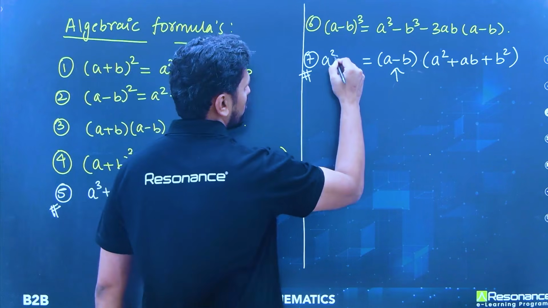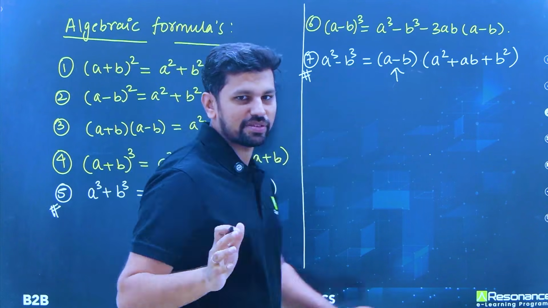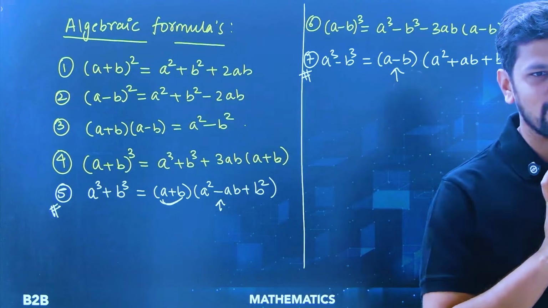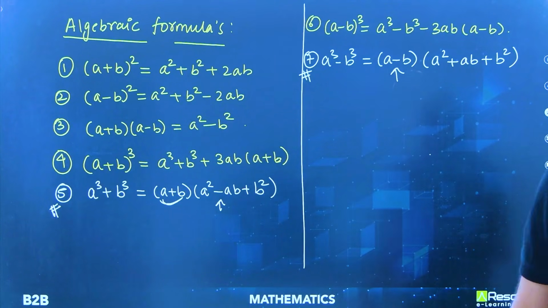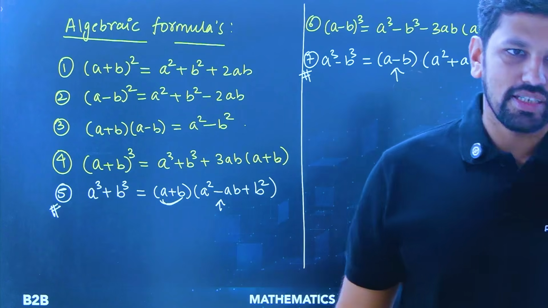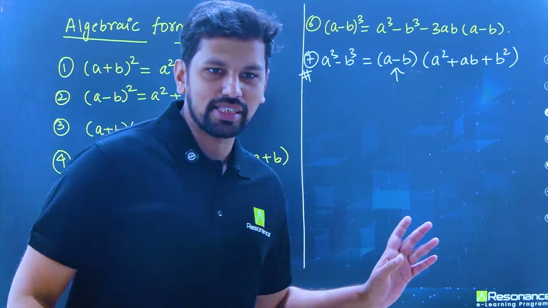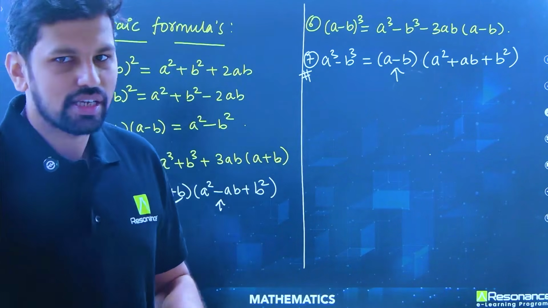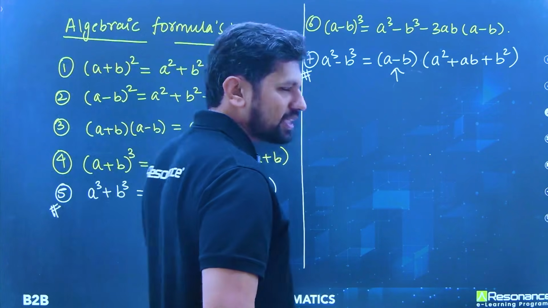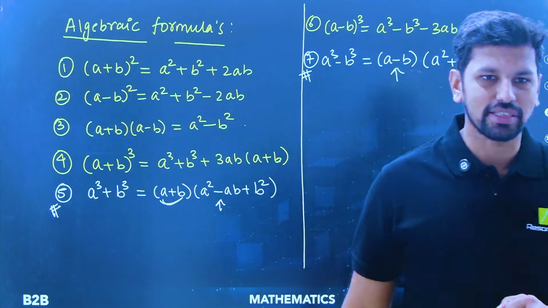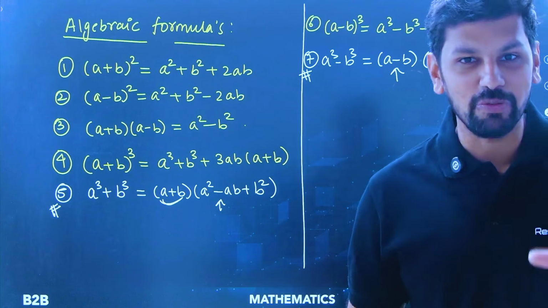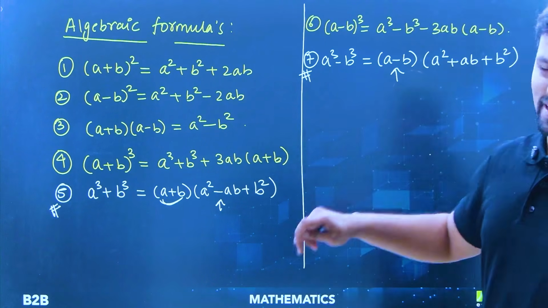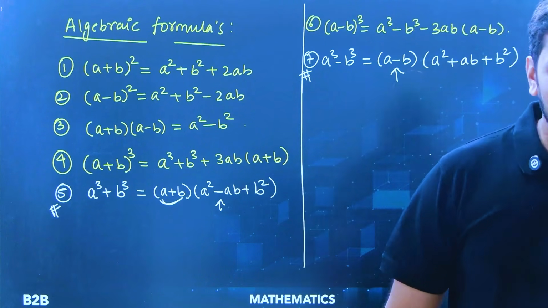Okay, a cube minus b cube. Sorry, by mistake. Big mistake. Okay, yeah. Is it clear now? A cube plus b cube is (a plus b) into (a square minus ab plus b square). I was too involved in chat, so I wrote something wrong here. Okay.